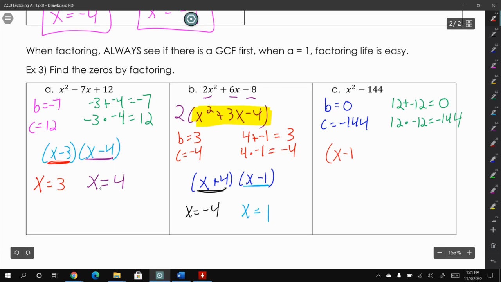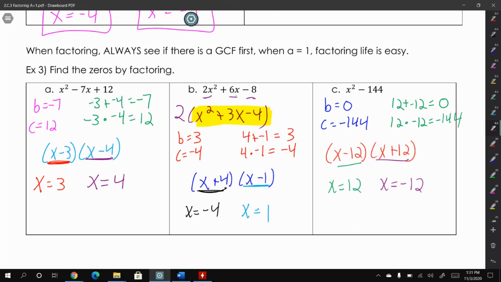So x minus 12 and x plus 12. We call this a difference of squares, and we're going to talk about that in a second after we get the answers down. So x equals 12 and x equals negative 12.